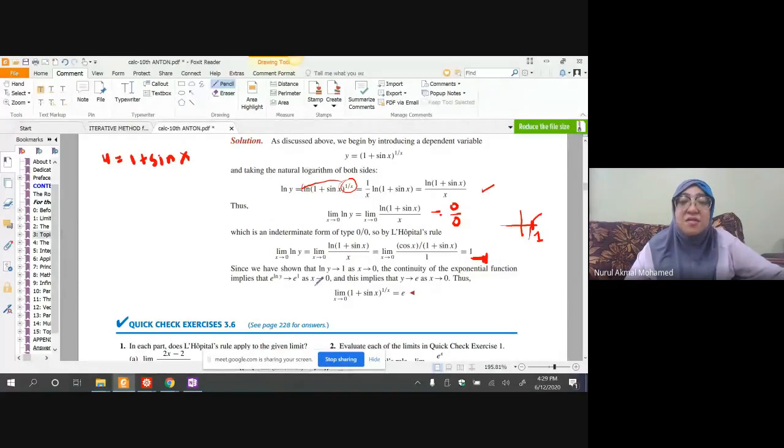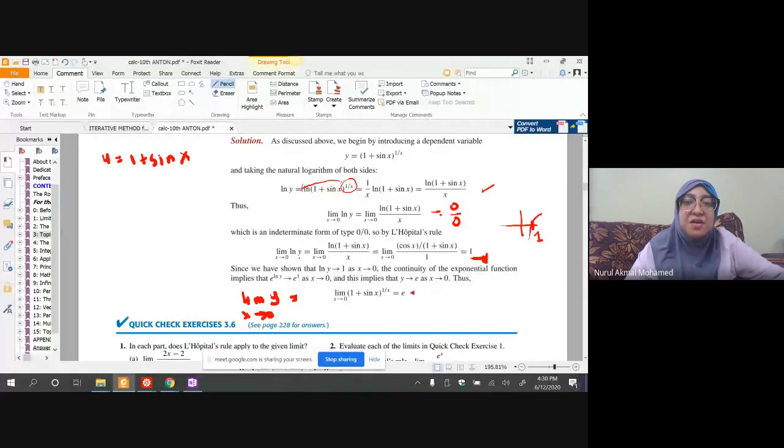It is still not final yet, because what we found here is the limit for ln y. We took the limit of both sides of the equation before, but we are asked to find the limit of y instead of ln y. So in order to get the limit of y as x tends to 0, you have to take the exponent of both sides.